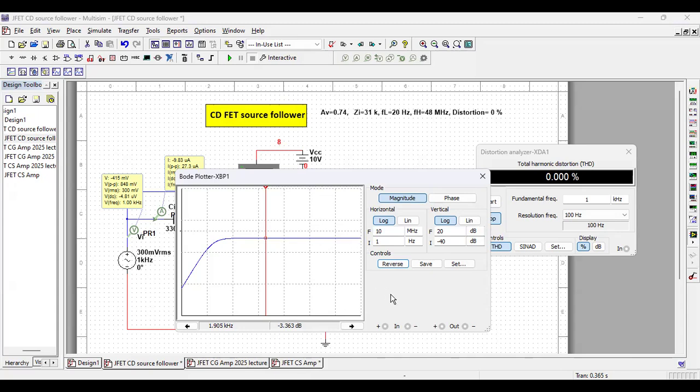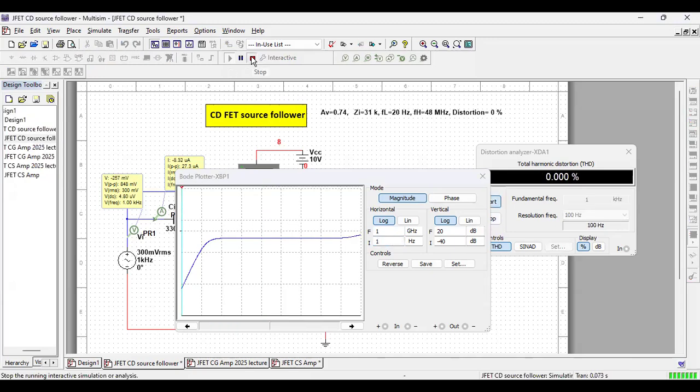That means if your signal frequency is very high, you can use this particular configuration and you get rid of any worries of higher frequency distortion. I'll show you. This is 10 megahertz maximum. If I make it even 100 megahertz, even then it remains flat. It remains flat.